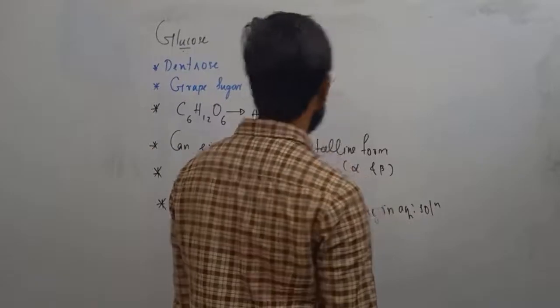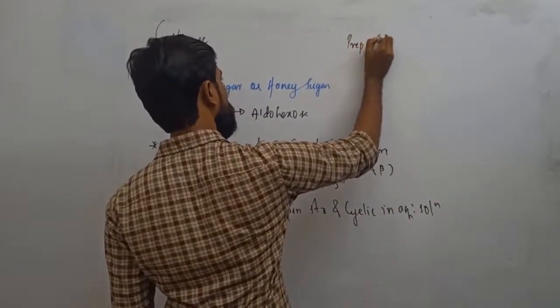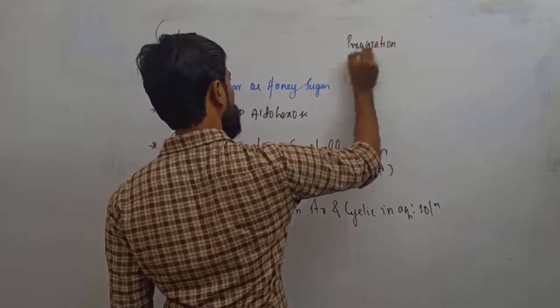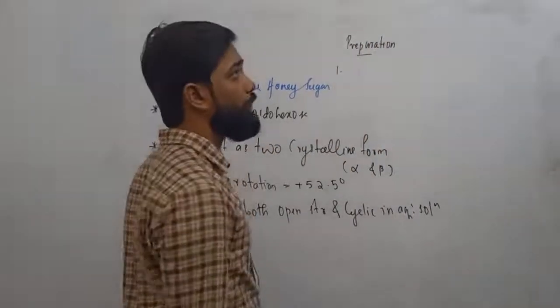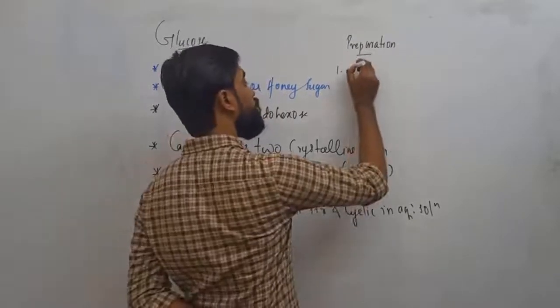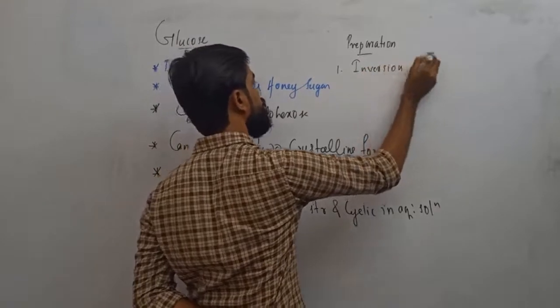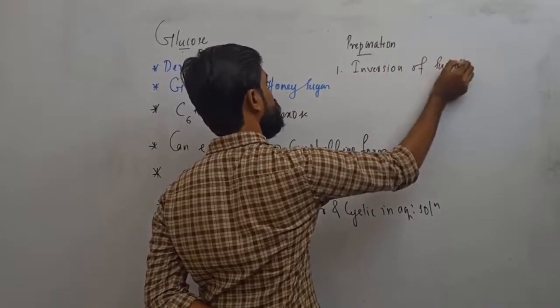Let's check the preparation of glucose. Glucose can be prepared by the inversion of sugar cane. The first method is inversion of sucrose by means of hydrolysis.